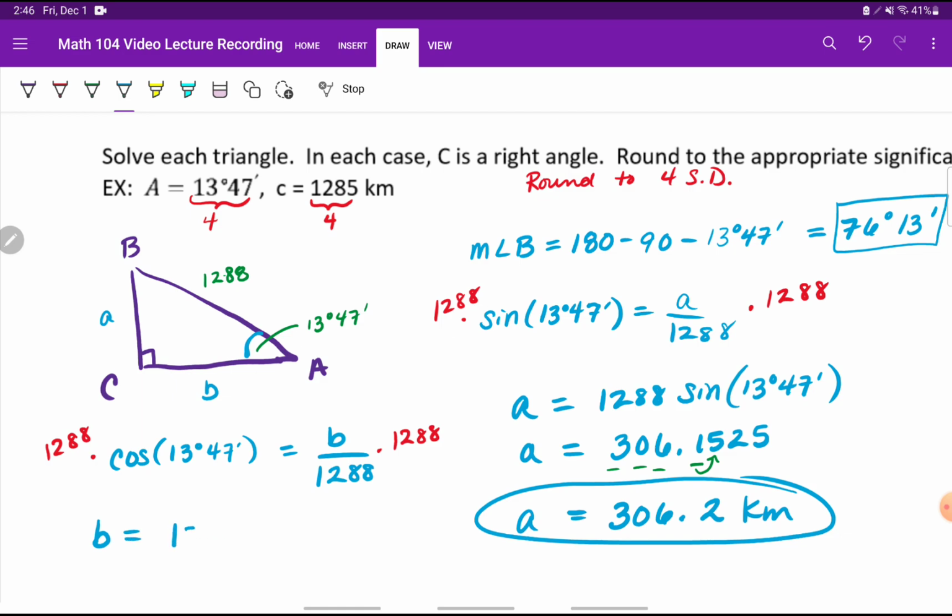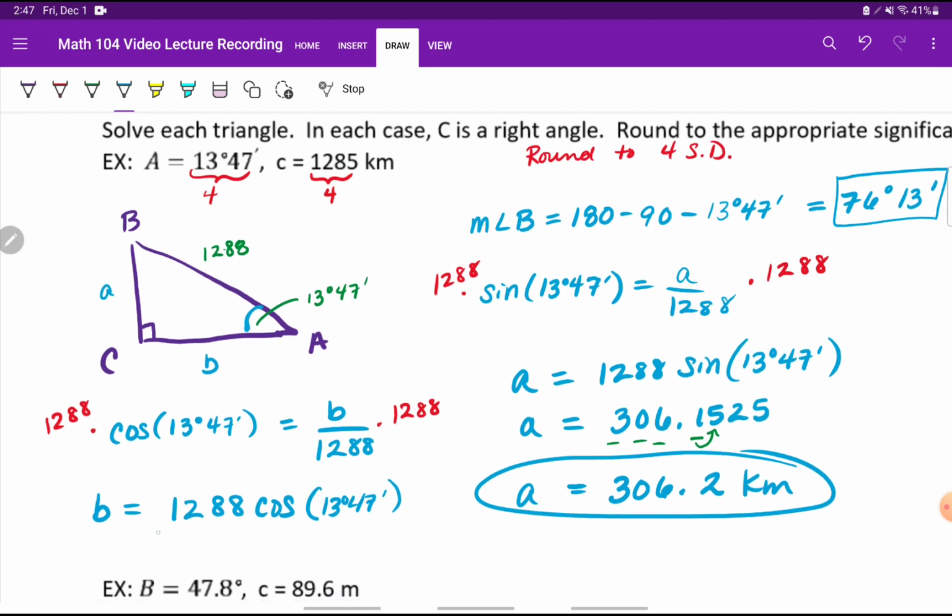Side B will be equal to 1,288 times cosine of 13 degrees, 47 minutes, and then right into our calculator. Again, we're rounding to 4 significant digits. It's going to be 1,248, and our unit is kilometers again.